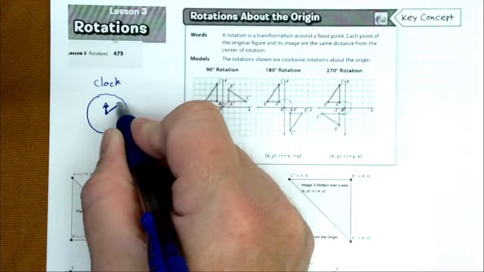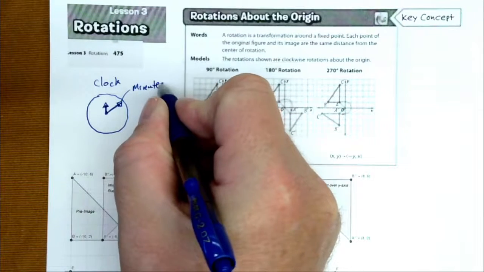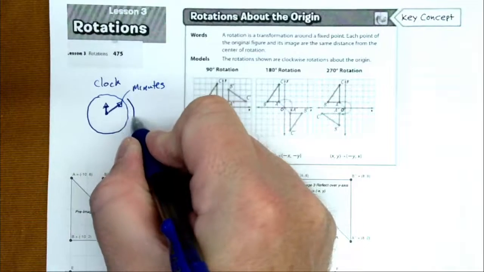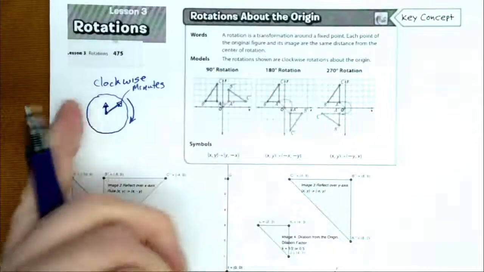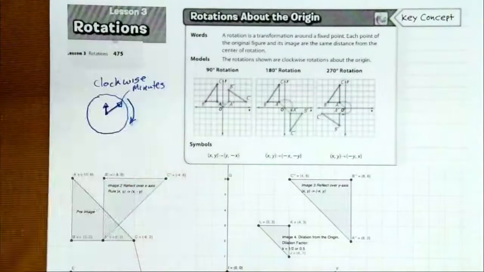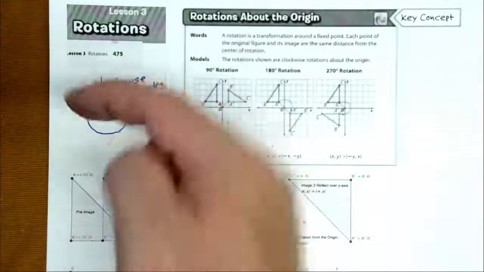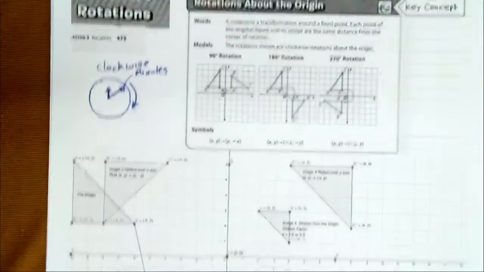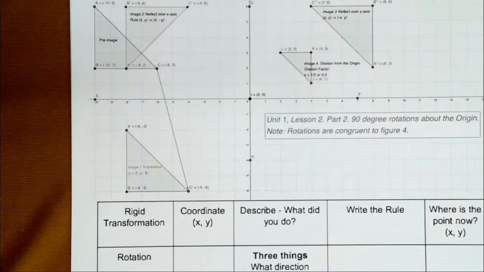Clockwise, the clock travels in this direction. So you need to know that this is clockwise. You have another option, and we call it counterclockwise, which is the other direction. So here we have a situation where we're going to rotate this counterclockwise.